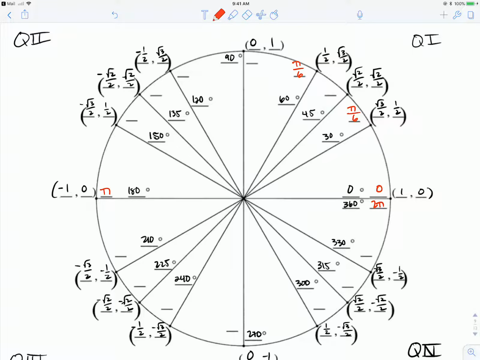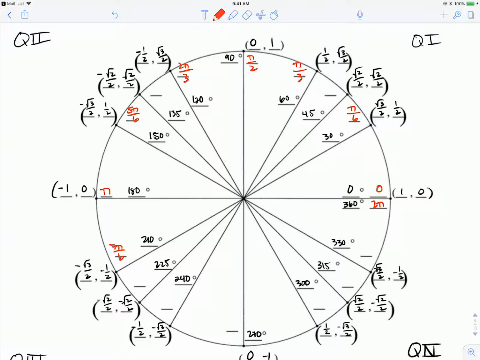Add another pi over 6, that put me at 2 pi over 6, which is equivalent to pi over 3. So if I add another pi over 6, 3 pi over 6 is equivalent to pi over 2. 4 pi over 6 is equivalent to 2 pi over 3. 5 pi over 6, where you have 6 pi over 6 is just pi.